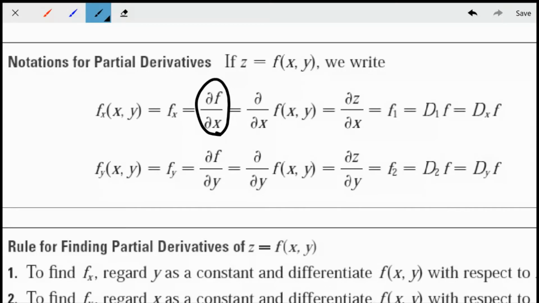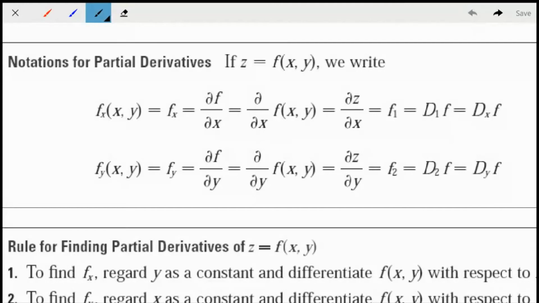Since we're taking a derivative in a multivariable setting, we don't use the d like we did in a 2-dimensional setting. So we don't have a dy dx, we have del f del x. And that's indicating it's a partial derivative with respect to x. If I write df dx, that means I'm taking the derivative with respect to x, and that also means that my function has to be a function of a single variable. So that's a big difference between the del and the d.